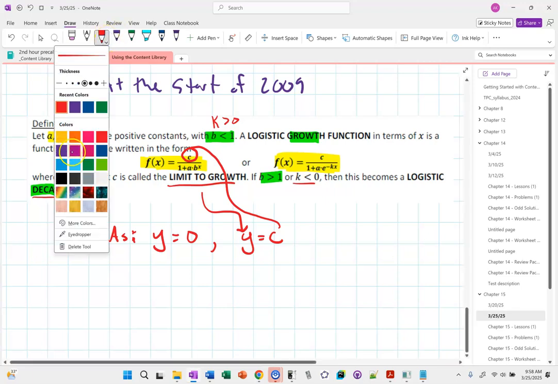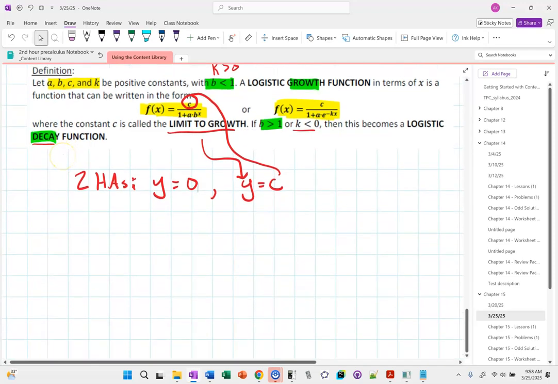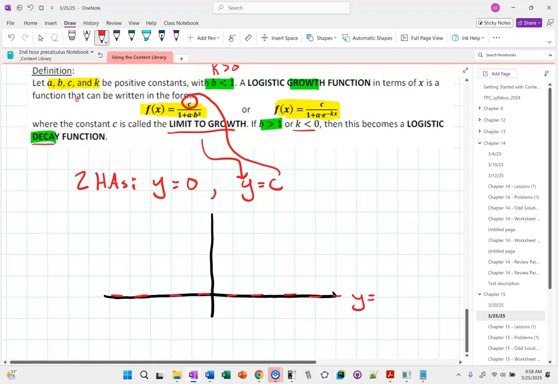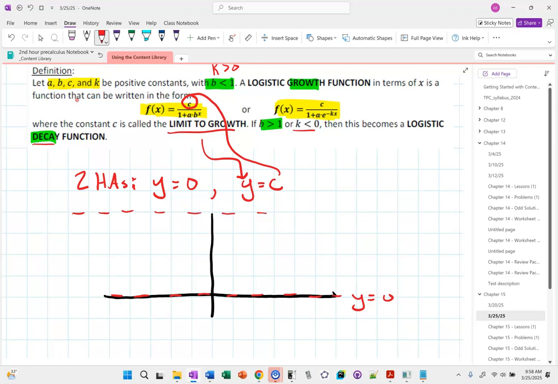If we look at the graph of a logistic function, you have one horizontal asymptote at y equals 0, another at y equals c, and in the middle you have this kind of S-shaped curve.